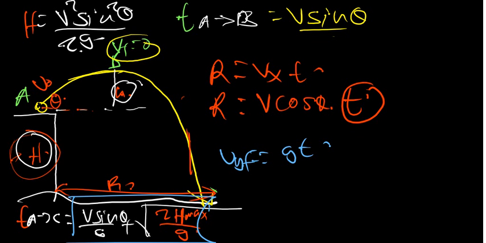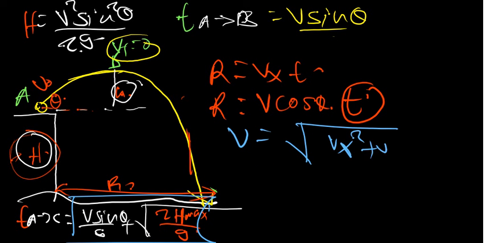Then you need to get the magnitude of that velocity using V equal to the square root of Vx squared plus Vy squared. You can also find the angle using theta equal to tan inverse of Vy over Vx. So these are the formulas which you need to know under projectile motion.